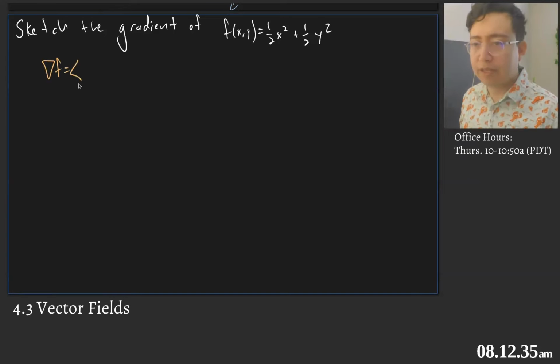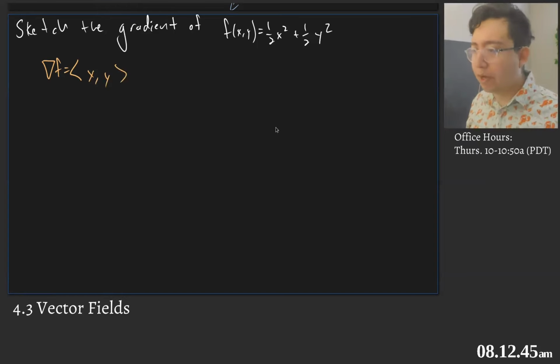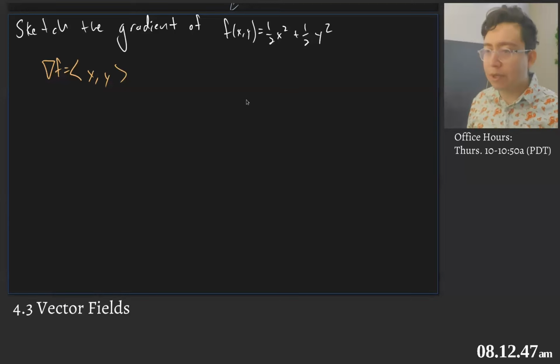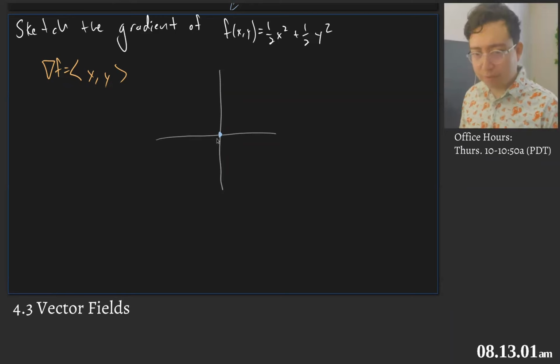We take the gradient of this guy, the derivative with respect to x becomes just x, and the derivative with respect to y is just y. And so again, this is a gradient that we've seen sketched before, but I want us to see it in a new light with respect to the gradient of this function. This was the vector field that, at the origin, stood perfectly still.